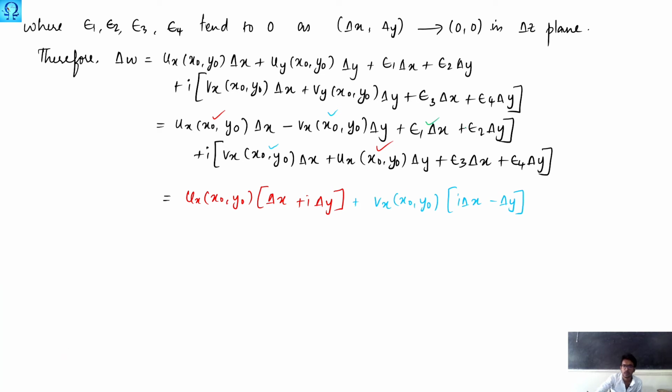Now, combining these two terms, what I am going to get is epsilon 1 plus epsilon 3 multiplied with delta x, and with these two terms I would have epsilon 2 plus epsilon 4 times of delta y. Okay, now we'll have to do a few more things. This ux x naught y naught, and initially we have assumed that this is delta z plus vx x naught y naught, from which I would like to take iota outside.